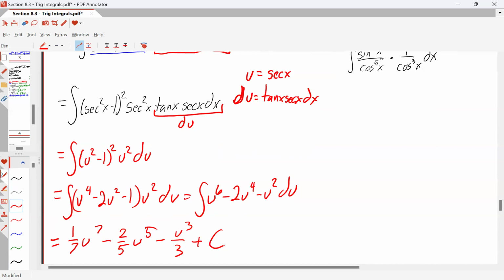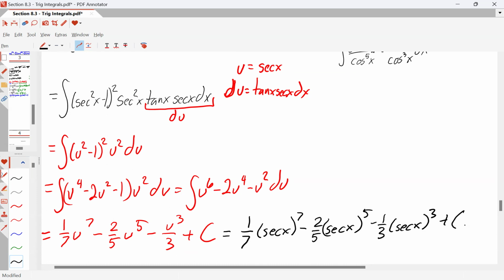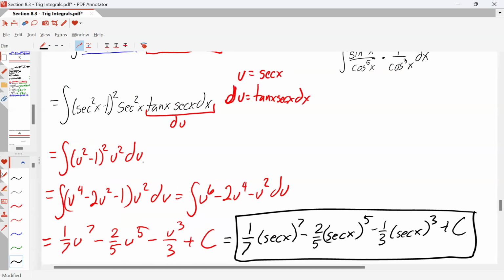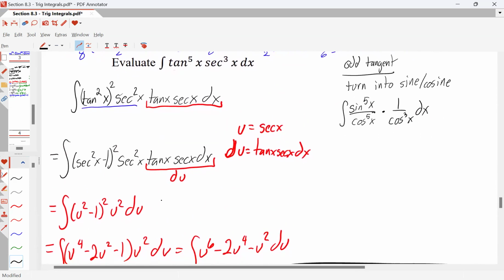And the last thing, we'll be plugging in our substitution, which was secant, giving our final answer to be 1/7 secant to the 7th x minus 2/5 secant x to the 5th plus 1/3 secant x cubed. So there is our antiderivative of tangent to the 5th secant cubed x dx.